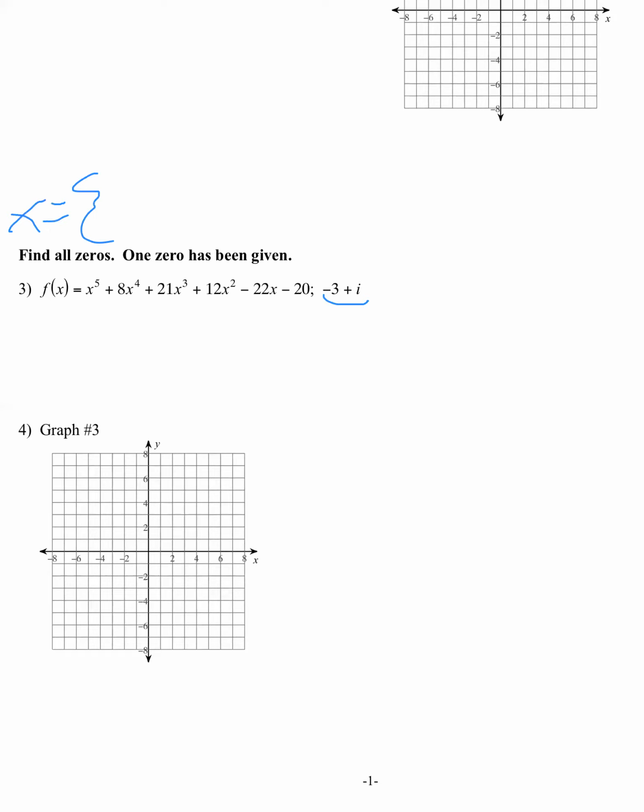One of them is going to be -3 plus i, the one that they gave me. But then it's also going to bring its conjugate to the party. So remember that it's only the sign in the middle that's going to change. So that -3 stays as it is. So -3 plus i and -3 minus i, both of those are zeros to this. Okay, does that make sense?